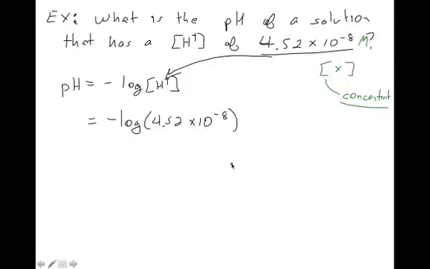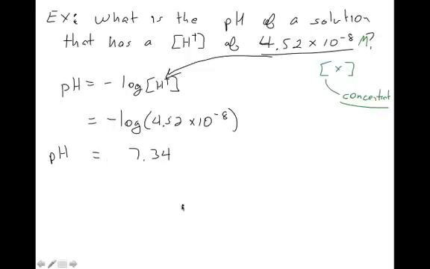If you have a TI calculator, you can punch it in this order: hit the negative key, hit the log key, then type in this number and close off the parentheses. When you do that, you will get 7.34 as your pH value. If you don't have a TI calculator, you may have to punch the number in first, then hit the log, then take the negative. If you have questions about how to do that, just come see me.